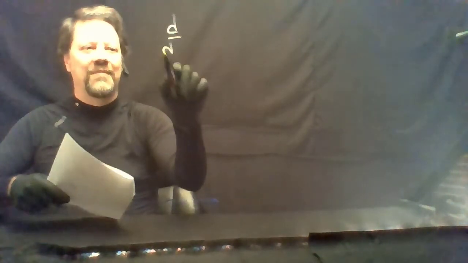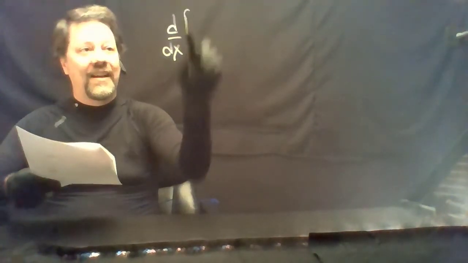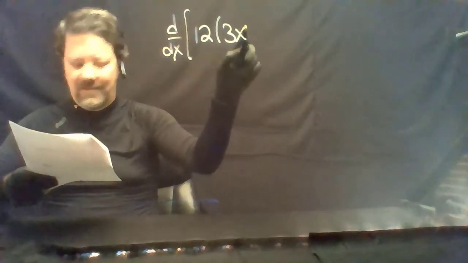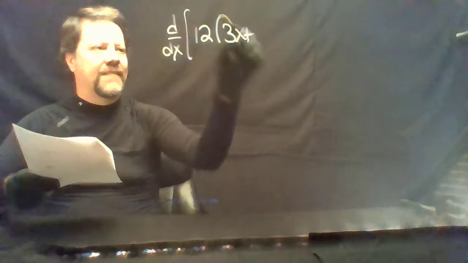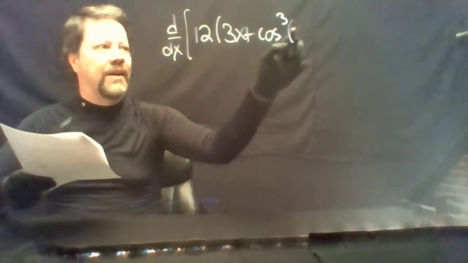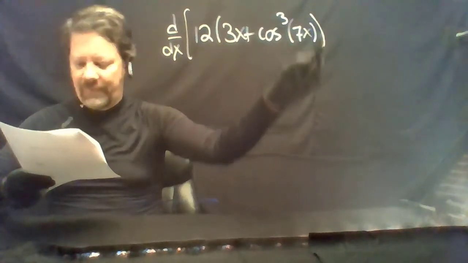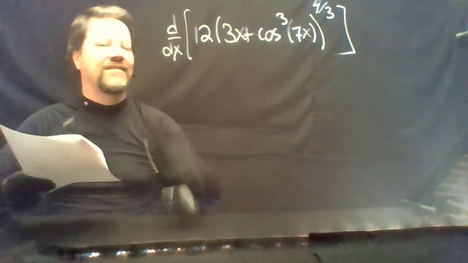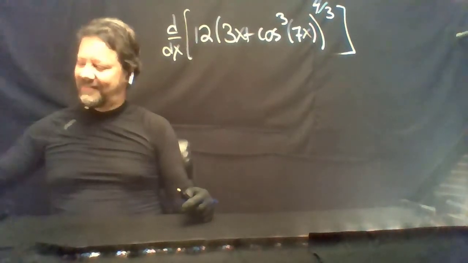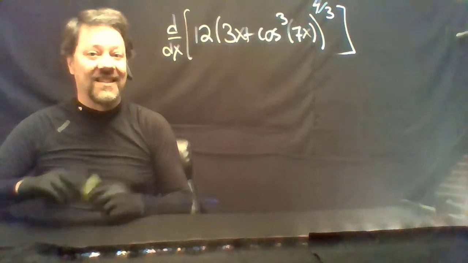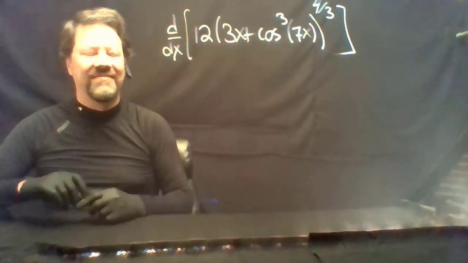On the next problem, and I really like this next problem, we have 12 times the quantity 3x plus cosine cubed of 7x, to the power of 4/3. I think this is an excellent exam type problem.